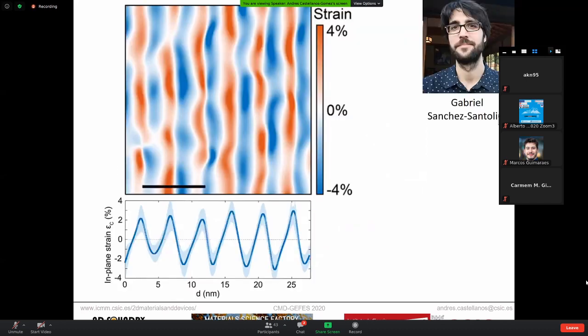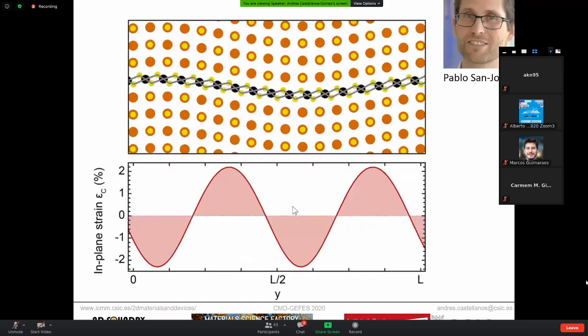Interestingly, our colleague Gabriel Sanchez-Antolino, by analyzing these TEM images very carefully, could extract the position of the atoms in plane and actually map the strain in plane that these lattices are feeling, making a map of strain that matches very, very well with the strain profiles calculated by our colleague Pablo San Jose.